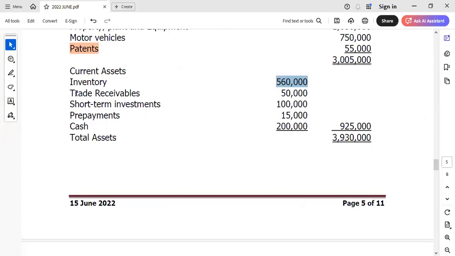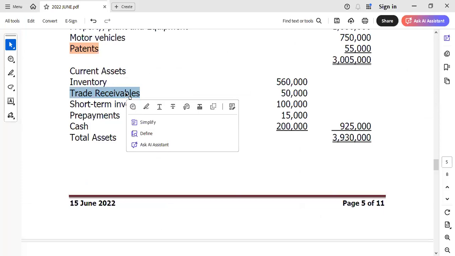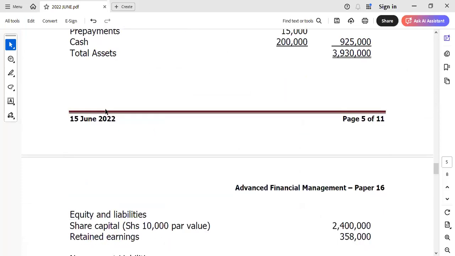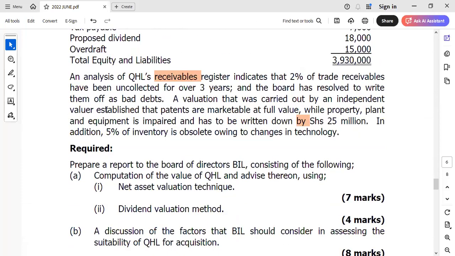Next, we have trade receivables. Do we need to make adjustment? They told us that 2% of trade receivables have been uncollected for over 3 years, and the board has resolved to write them off as bad debts.